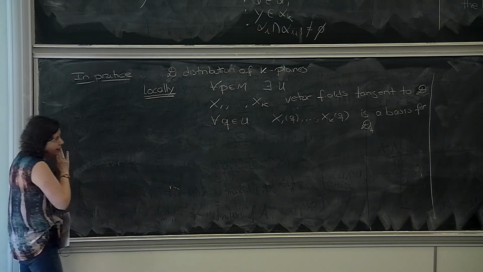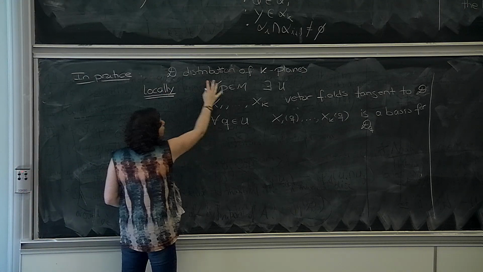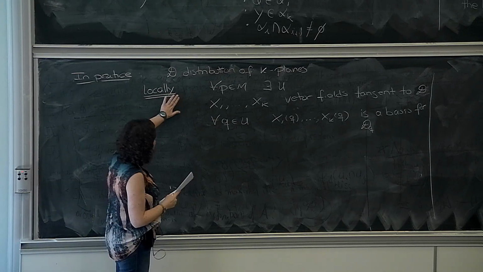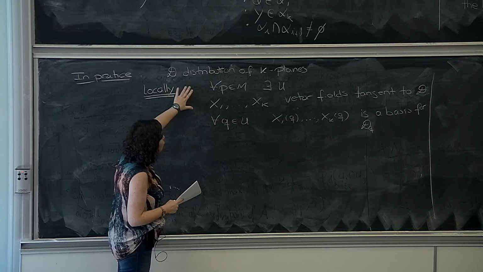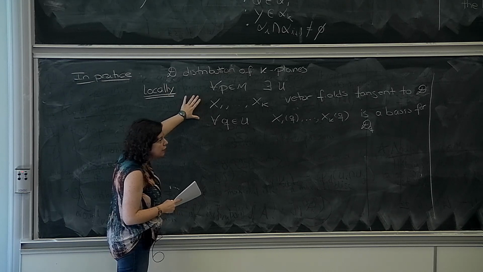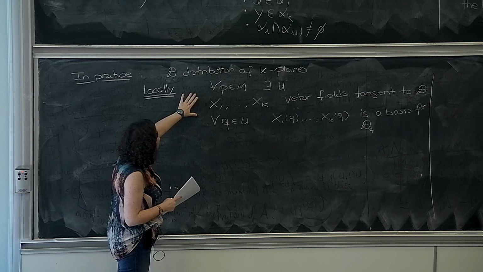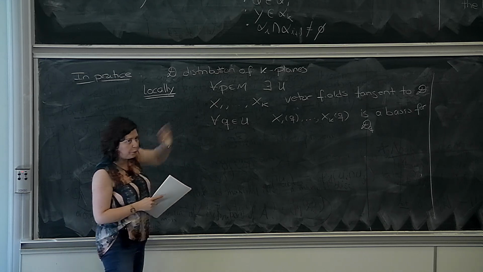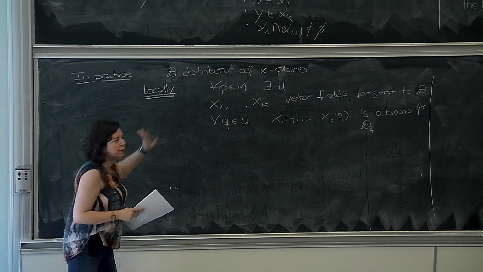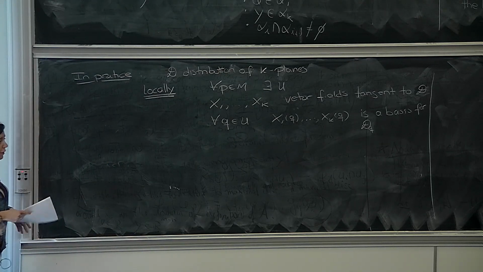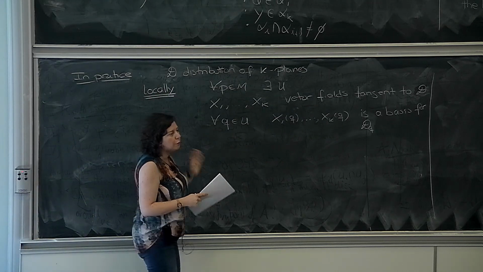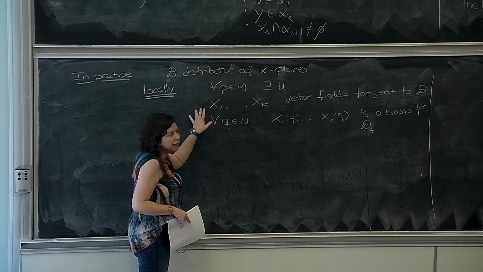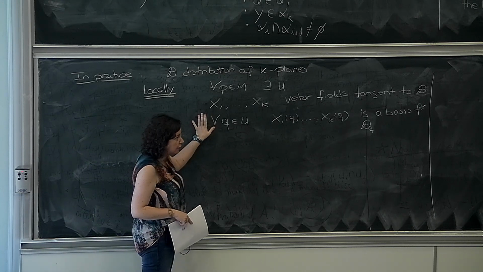One remark that I can make here: I have formulated the distribution in that way using vector fields. We can also formulate the distribution in terms of forms. Okay, I will return to this later, but for the moment I will keep with the vector fields. If the distribution is holomorphic, we can always find k holomorphic vector fields satisfying this.